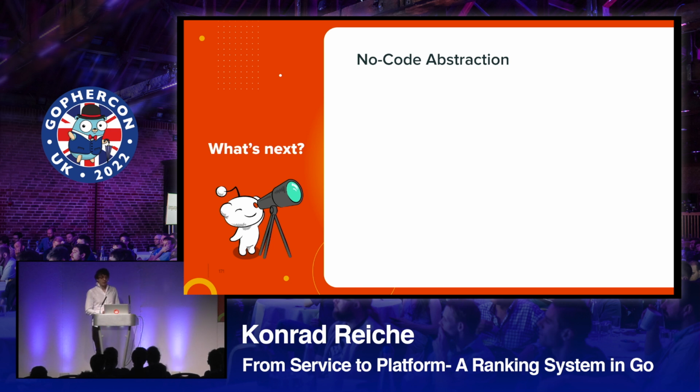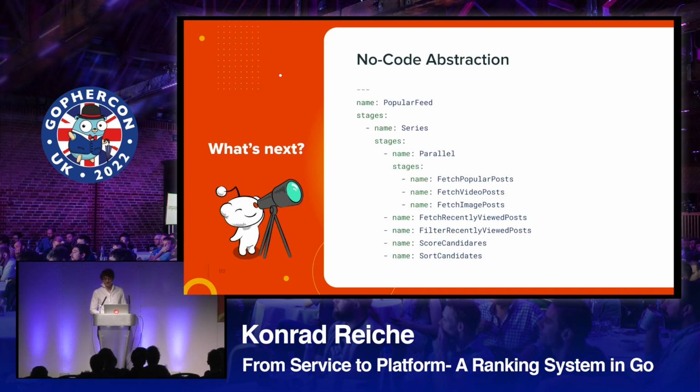Another idea is to move away from pipelines being defined in Go code and define them in a different format, maybe more language agnostic, like YAML. And this is not because we don't like to write Go code. It has more to do with the idea that it would allow us to define a format where we can load and modify pipelines dynamically at runtime.